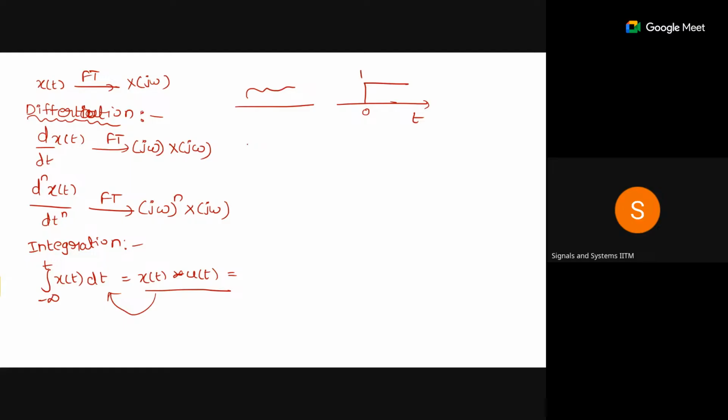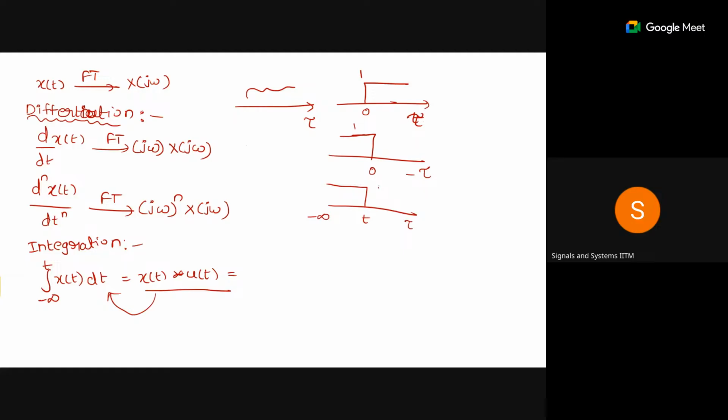First for convolution we'll be changing the axis to the tau axis and doing the reversal. One signal has to be reversed, so I'll be reversing this u of t. It will be u of minus tau and we'll be shifting.